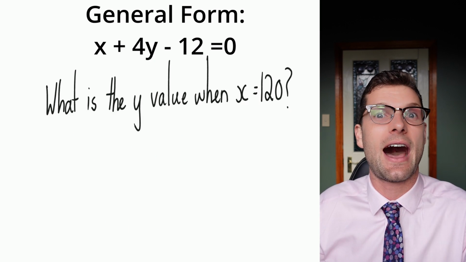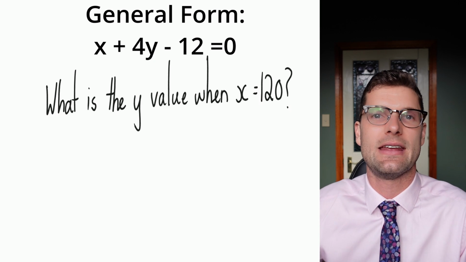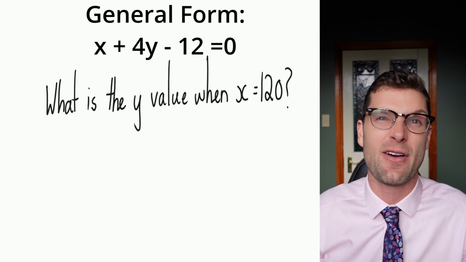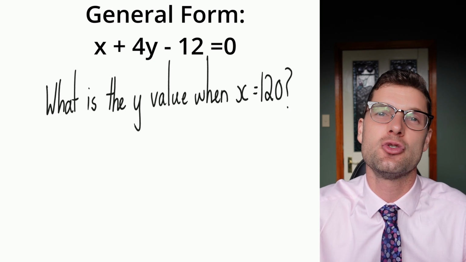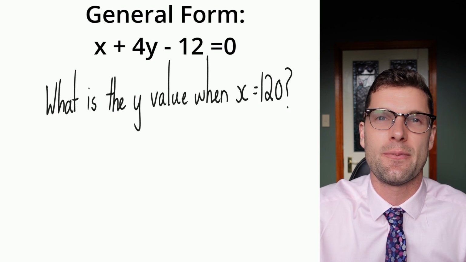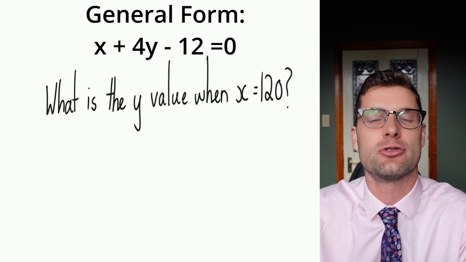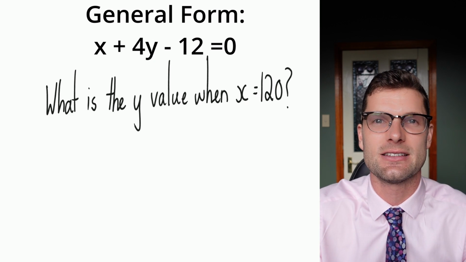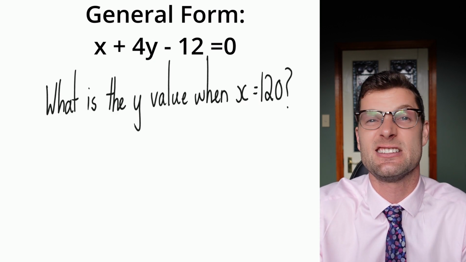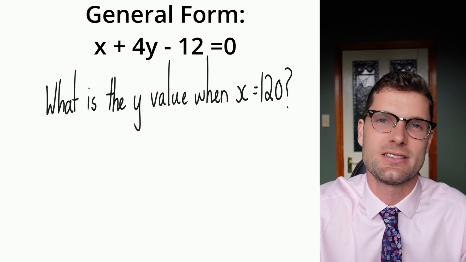Finally, I might get asked to extrapolate, right? Put in a value that's way bigger and see if I can find out what the answer is. So for this one, I need to know what is y equal to when x is equal to 100. You could sub this into the first equation, the y equals mx plus b, or you can use the general form. You're going to get the same answer. I'm going to use the general form here just because I hate fractions and stuff like that.